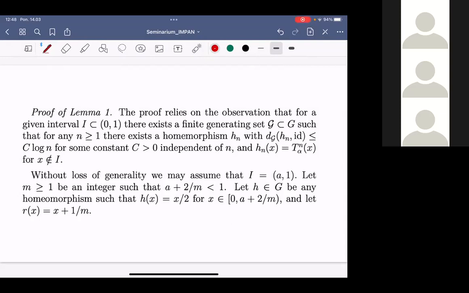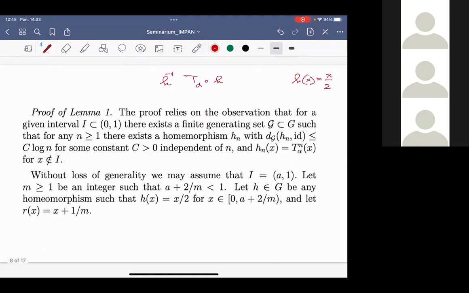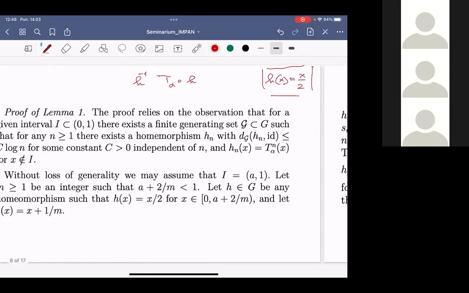Namely, if we have some rotation T alpha, and if we take the following composition, T alpha, H inverse, where H is equal to X over 2, half of X. The problem is that this is not a homeomorphism, but we'll try to make of it a homeomorphism.